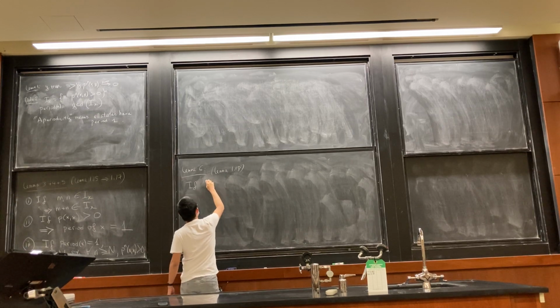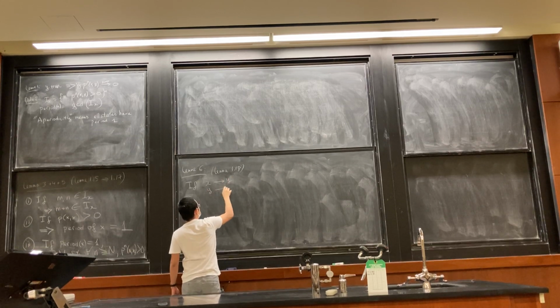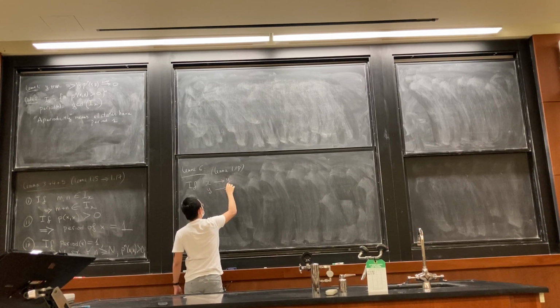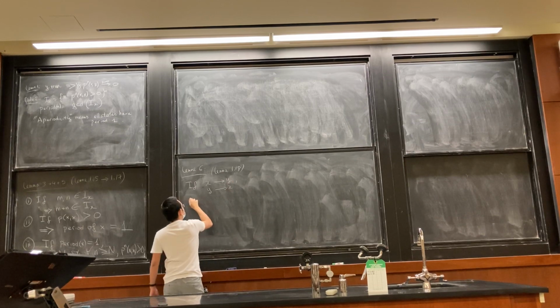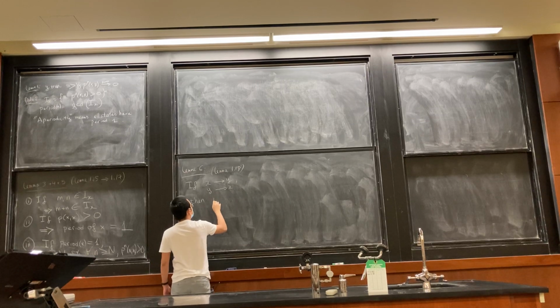So if I have x communicating with y and y communicating with x, then it must have the same period.